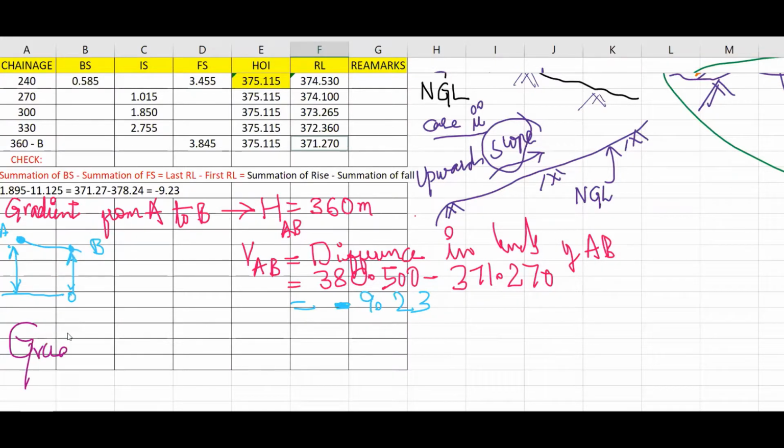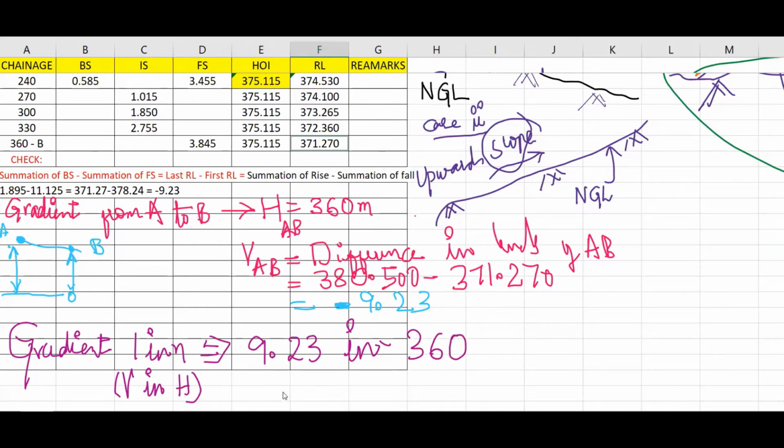The gradient is given as 1 in n. 1 represents vertical, n represents horizontal. In our case, V is 9.23 and H is 360.